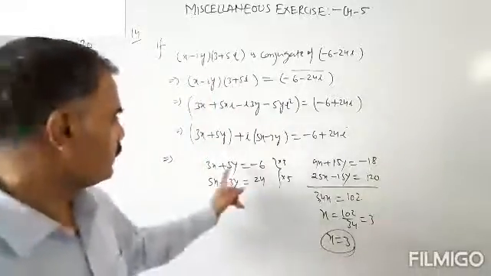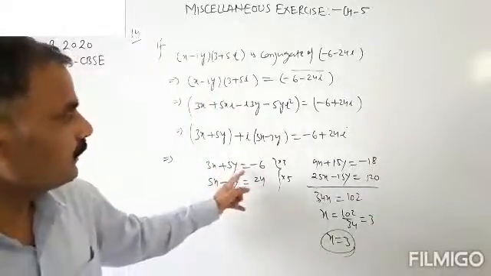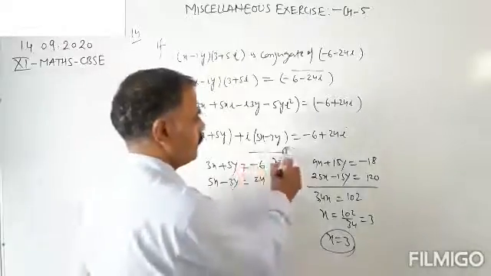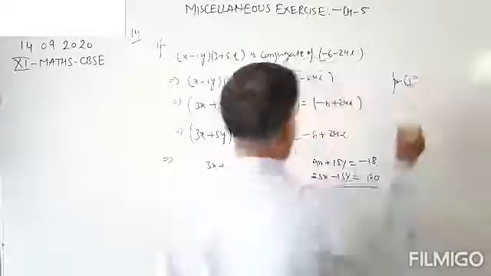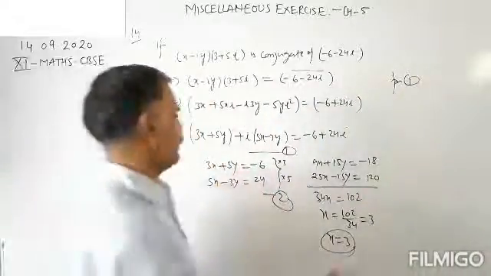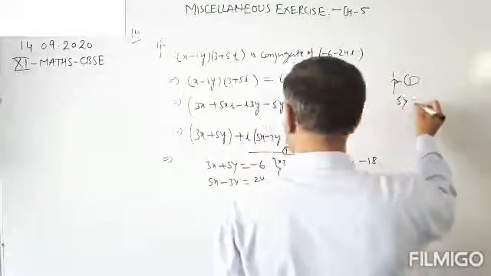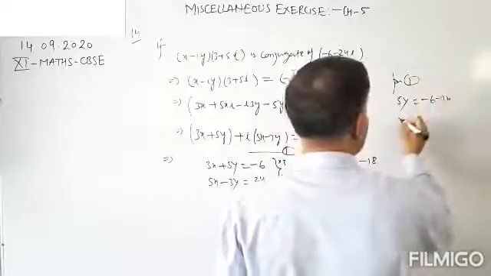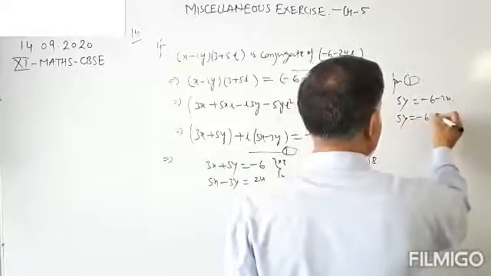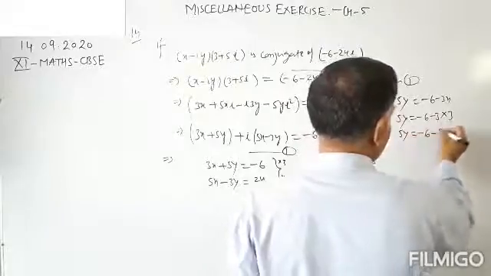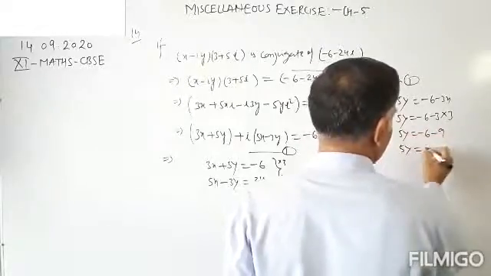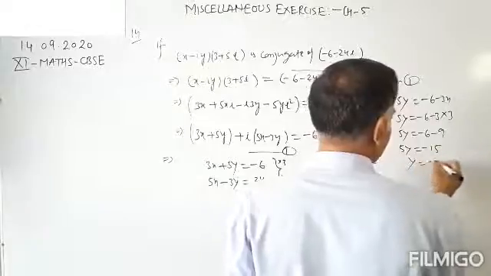Now putting x equals 3 in either equation 1 or equation 2. From equation 1, 5y equals minus 6 minus 3x. 5y equals minus 6 minus 3 into 3. 5y equals minus 6 minus 9. 5y equals minus 15, y equals minus 3.